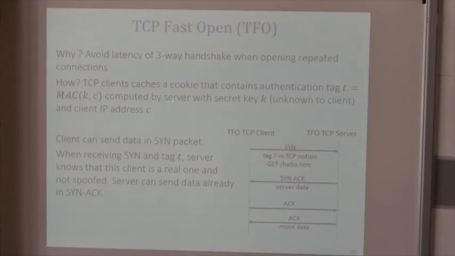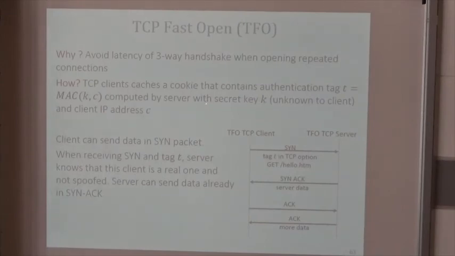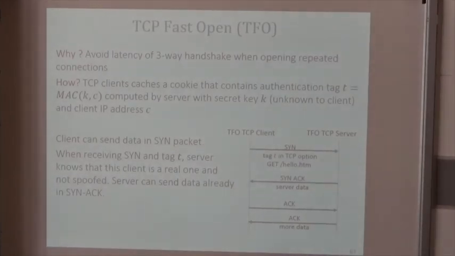So you hash the IP client address C here with your secret key, and you cache this cookie here, and you give it to the client the first time this client connects.